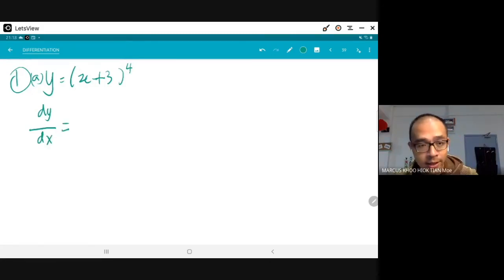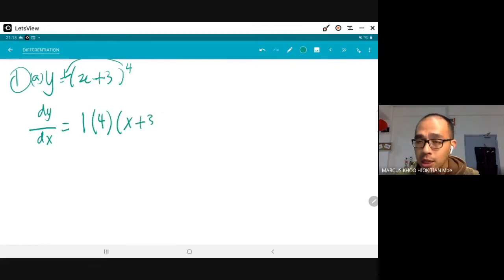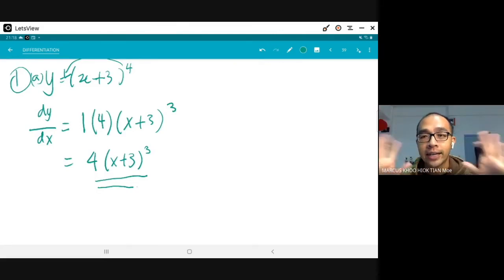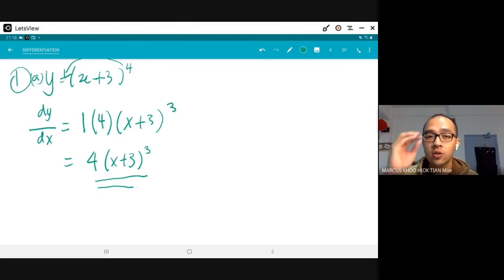So 1 times 4, because you're bringing the 4 forward, and the bracket you just keep. Nothing changes in the bracket, but the power now becomes 3. So 4 times 1, you get 4(x plus 3) to the power of 3, and you leave your answer like this. No need to open all the brackets and make your life difficult. Just do the rule, bring it down, change the power, done.